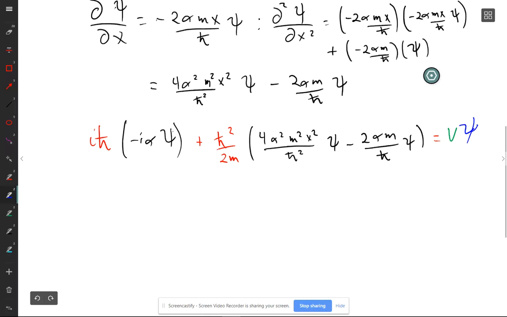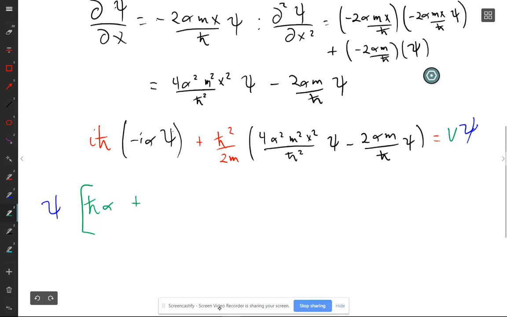i times i is minus 1. There's a minus there, so that makes it plus 1. So I'm going to have h bar alpha times psi. I'm going to factor out the psi. Plus the first of the black terms with the red.